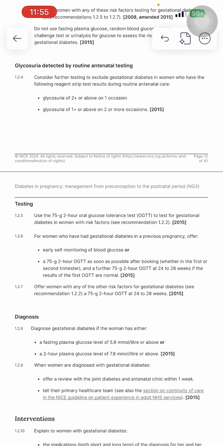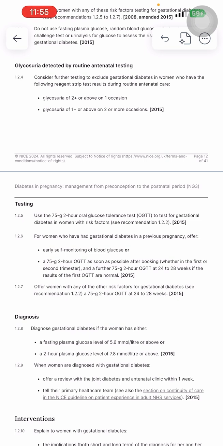So in these cases, if your glucose is abnormal in the first trimester, we also get a baseline HbA1c done, okay, to know what the patient's previous record was, because sometimes we miss that maybe the patient was chronically diabetic and we miss it because the patient did not do proper follow up, okay.